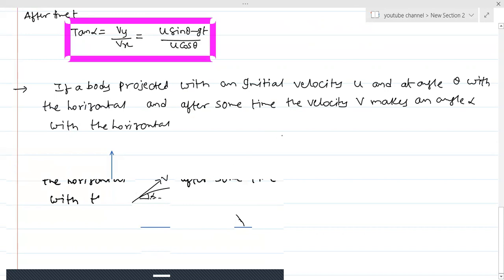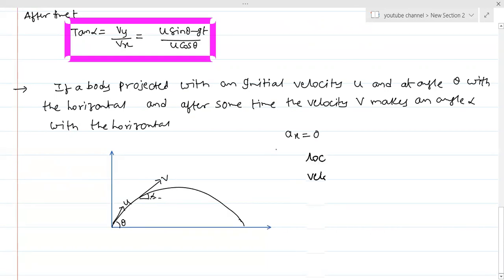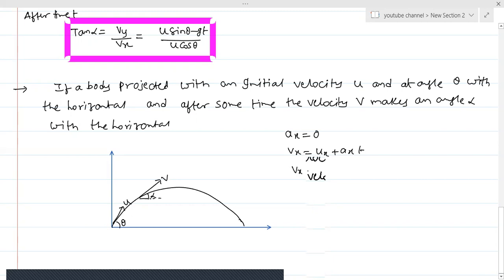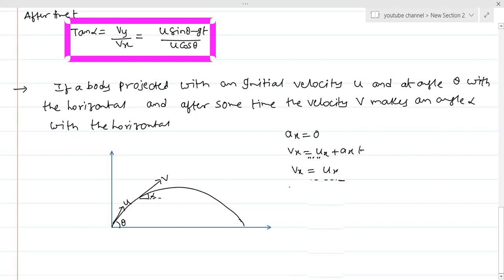We know that in the entire projectile motion ax is equivalent to 0. That's why we write vx is equivalent to ux plus ax into t, or simply vx is equivalent to ux. This will be the vx, that is nothing but v cos alpha.